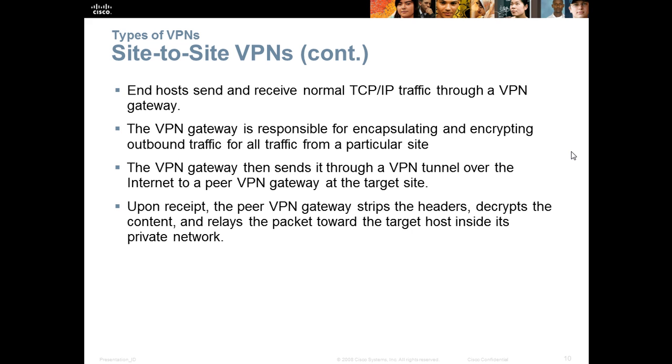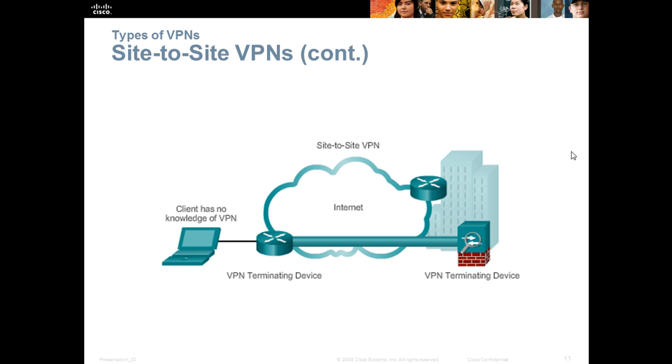The VPN gateway then sends it through a VPN tunnel over the internet to a peer VPN gateway at the target site. Upon receipt, the peer VPN gateway strips the headers, decrypts the content, and relays the packet toward the target host inside its private network. This is how the site-to-site VPN works.